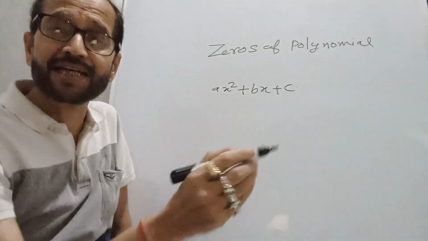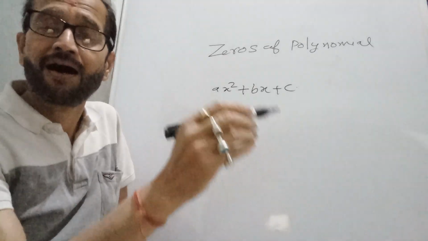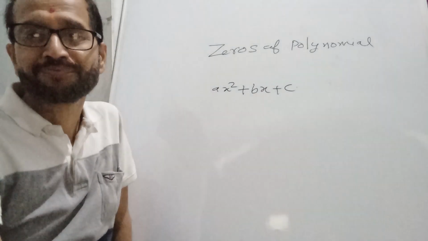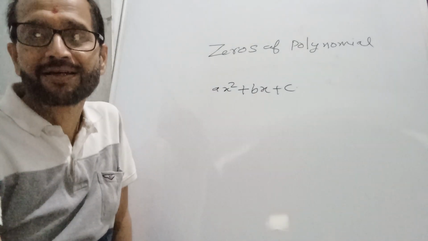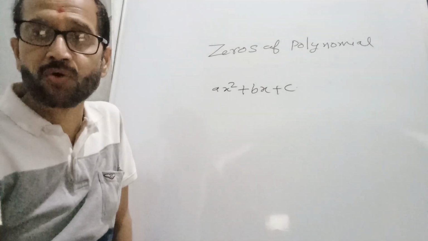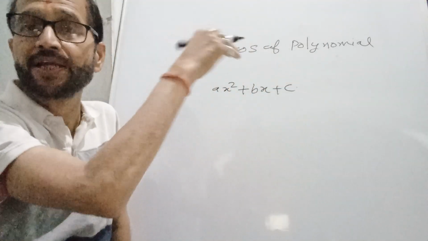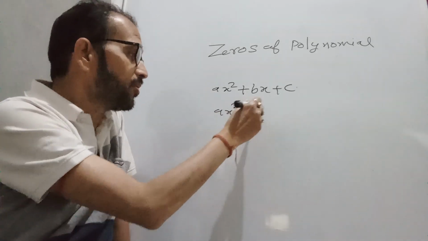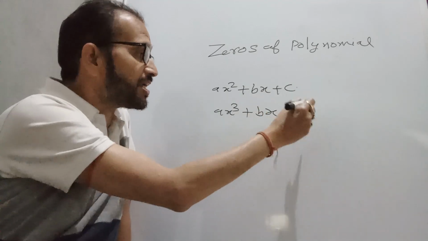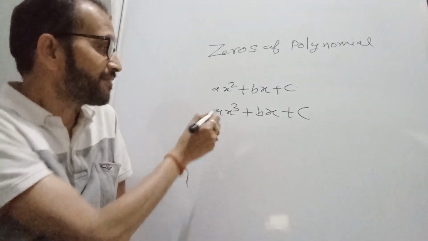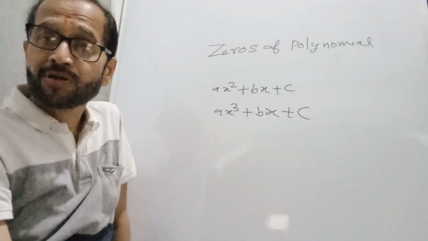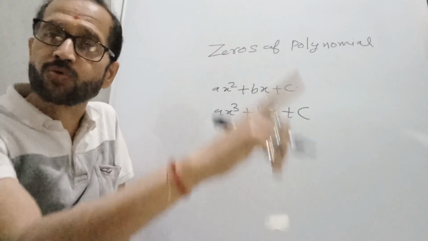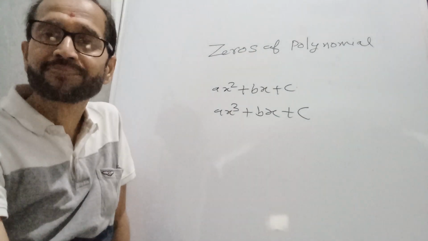The number of zeros depends upon the degree of the variable. If any polynomial is a cubic polynomial, ax cube plus bx plus c, then the highest degree of the variable is 3. So this polynomial has 3 zeros.